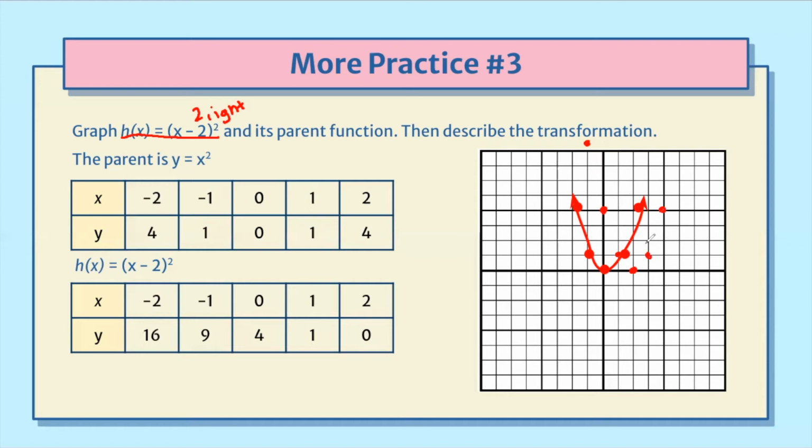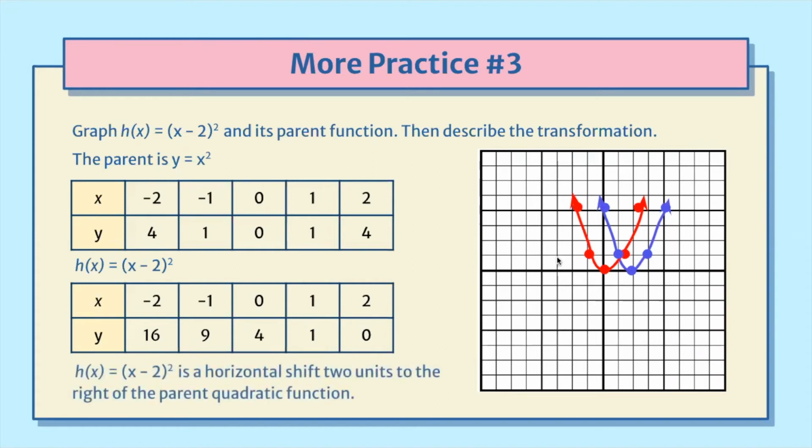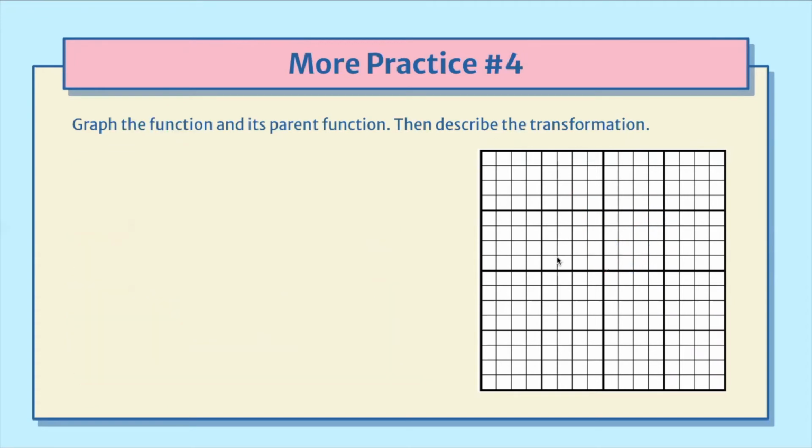And now we can see that we have the shape of the parabola. So now I'm just going to plot the points that we just plotted, but in blue so that we can see the transformation. And then to describe the transformation, we're going to say that h of x is a horizontal shift 2 units to the right of the parent quadratic function.